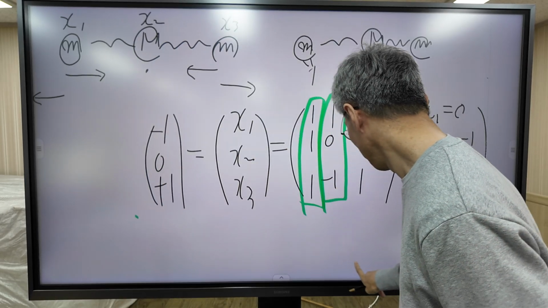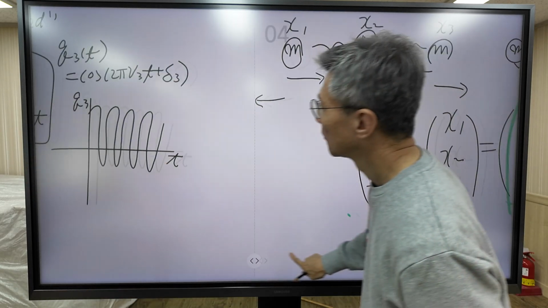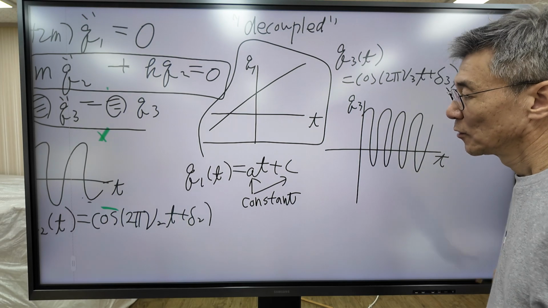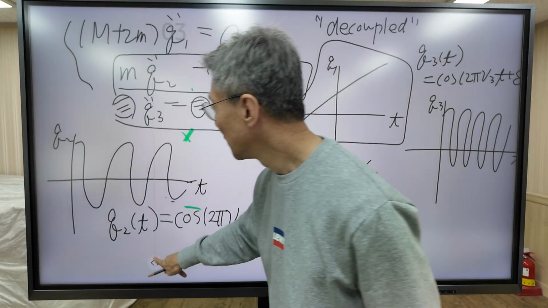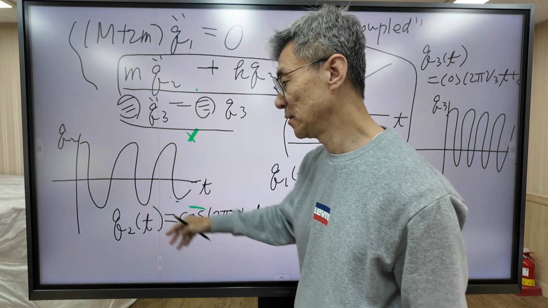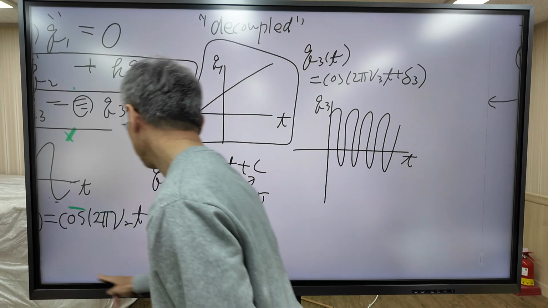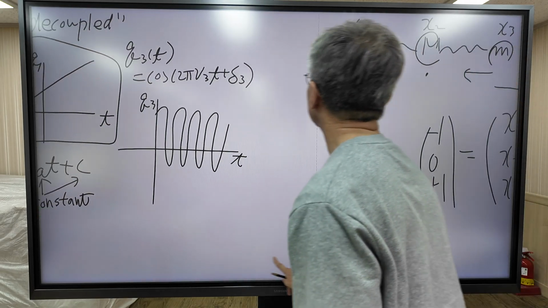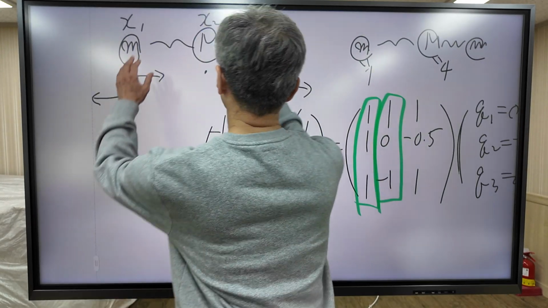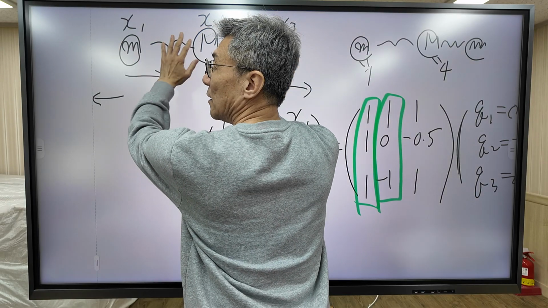And furthermore, what's the time dependence of Q2? Q2 is an oscillating function, plus minus oscillation. So when Q2 oscillates at a specific frequency, the atoms move in this way.